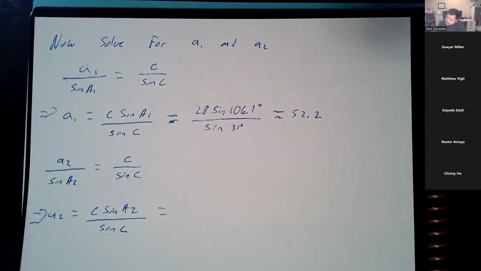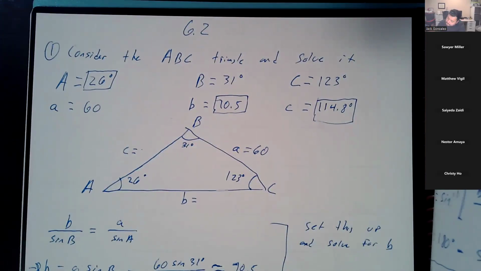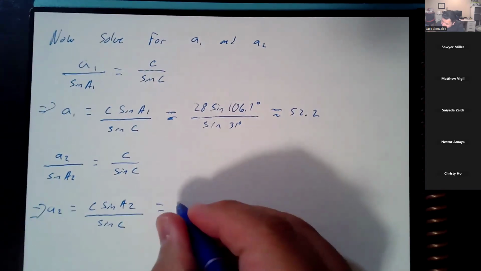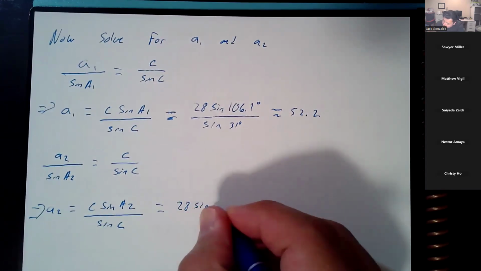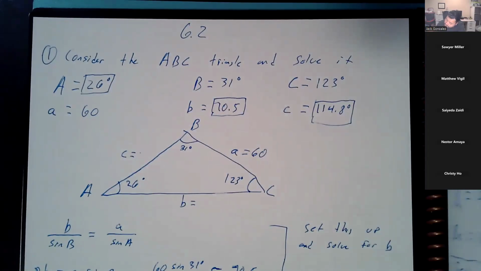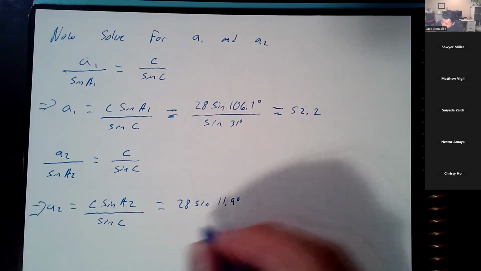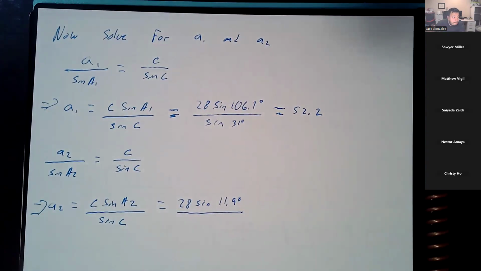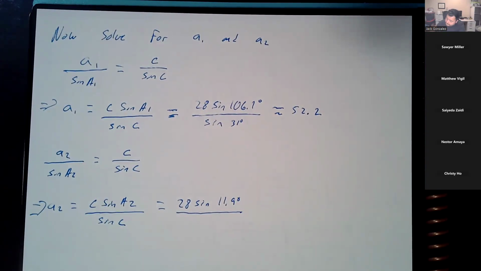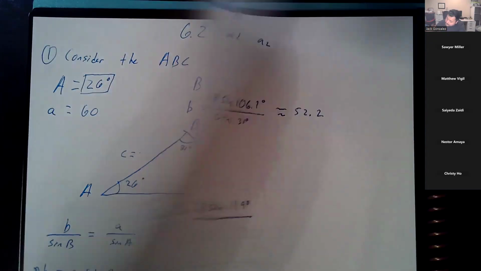Plug in the numbers this time. Don't make a mistake here. This will be 28 sine of A2, 11.9 over sine 31 again.